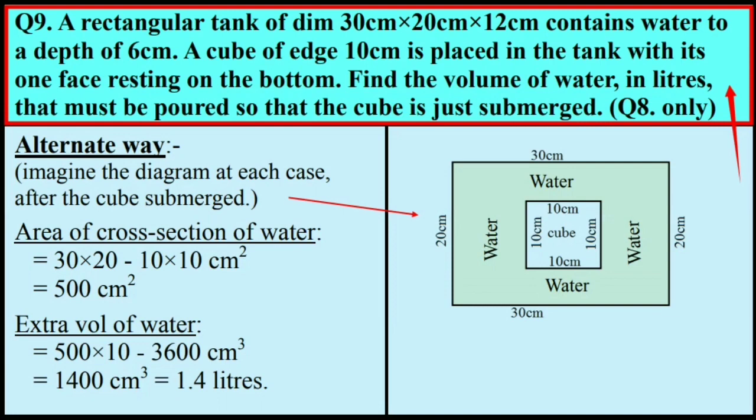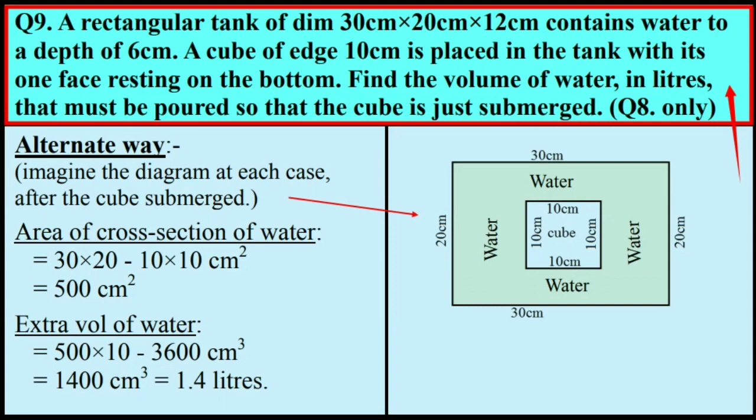It says a rectangular tank of dimension 30 centimeter into 20 centimeter into 12 centimeter contains water to a depth of 6 centimeter. A cube of edge 10 centimeter is placed in the tank with its one face resting on the bottom.